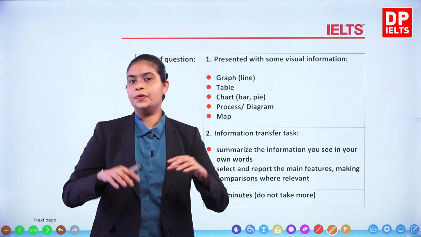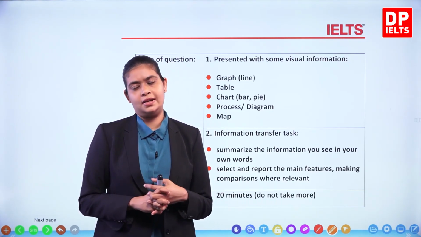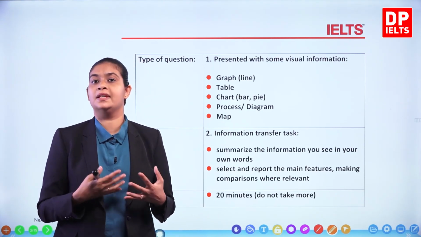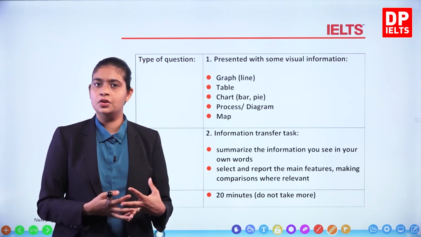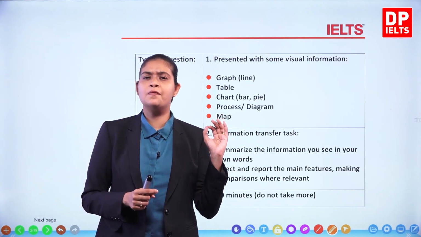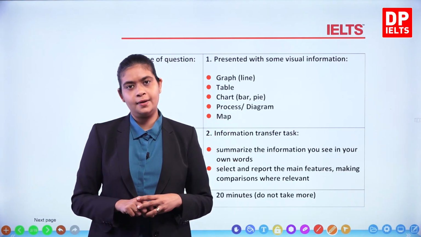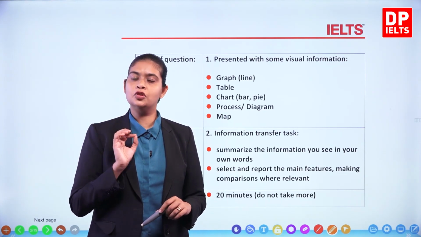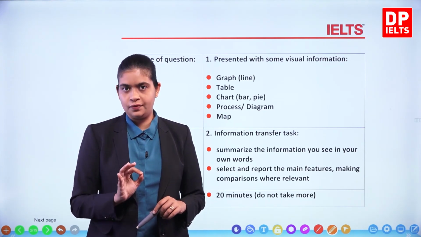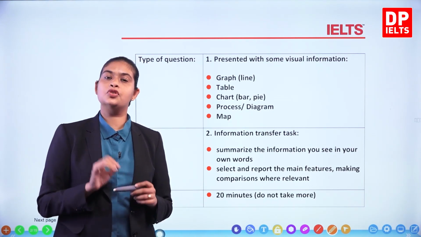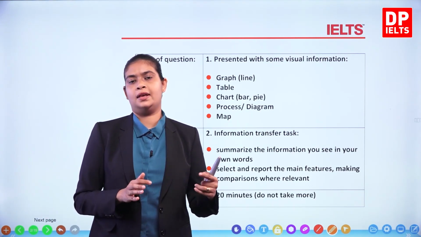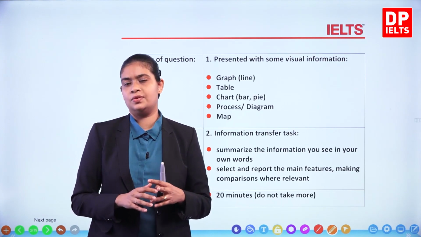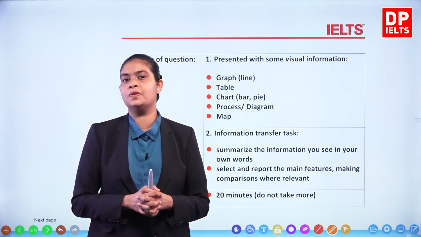So if you get a bar graph, or a line graph, or even a table or a pie chart, do you write everything that you can see there? No, you don't. You pick and choose what is relevant, and where you can make comparisons or where you think there are pieces of important information.